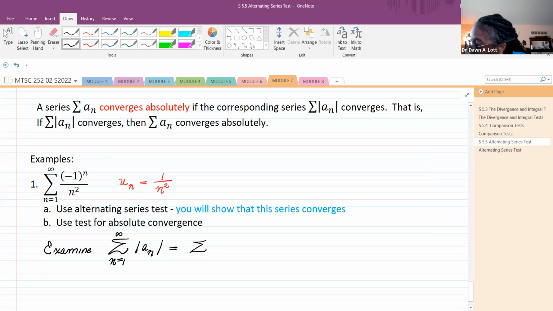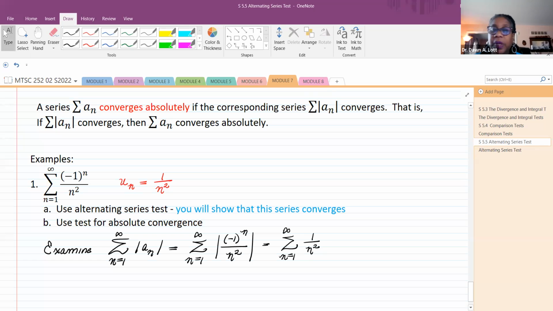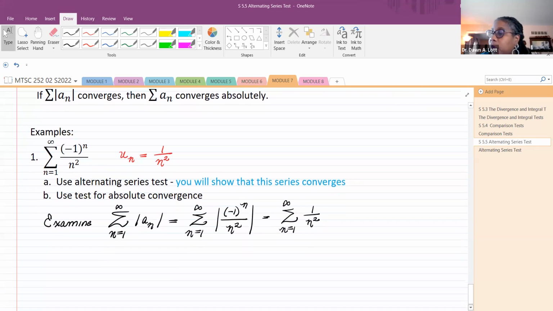For us that would be the summation of the absolute value of (-1)^n over n squared. So that is the sum from n equals 1 to infinity of just 1 over n squared. Wow. What is that series?